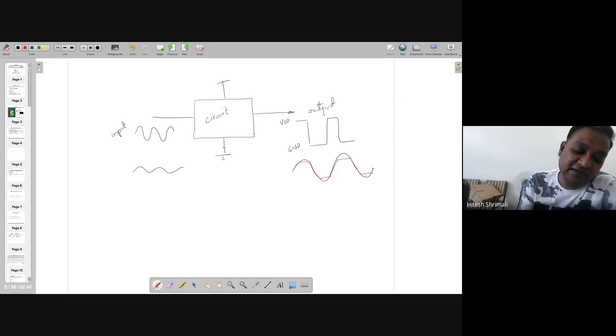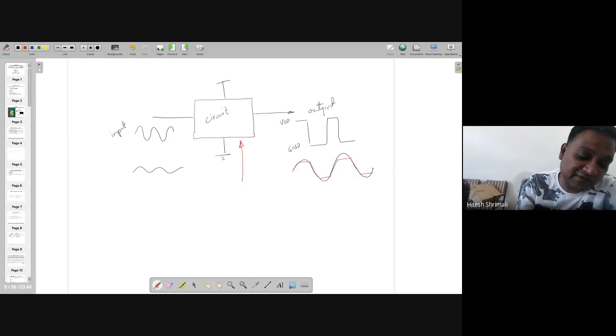Note that it's the dynamics of the circuit through which you can define it as a large signal or small signal, because sometimes the gain of the circuit is very high, so even a very small input qualifies as a large signal beyond some microvolts.